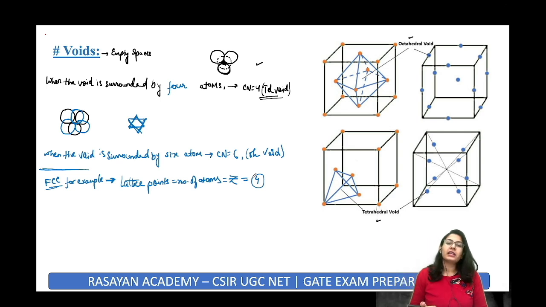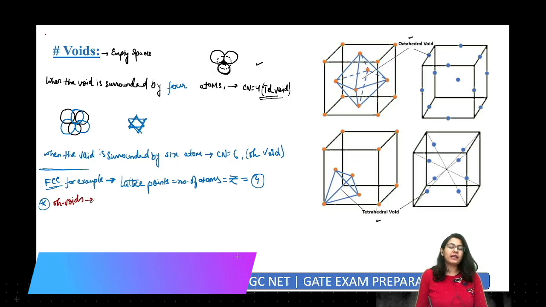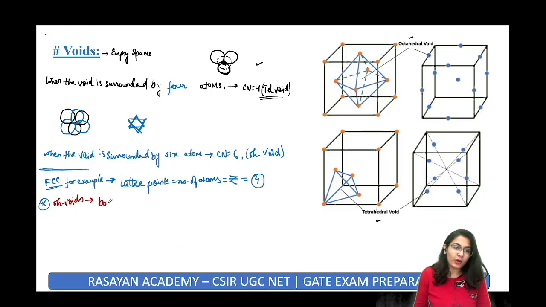Represented by Z. Now, if there are 4 lattice points in FCC, where are the octahedral and the tetrahedral voids? तो ये देखो याद रखना है, the octahedral voids, these are present at the body center.